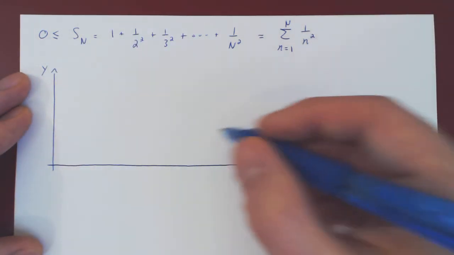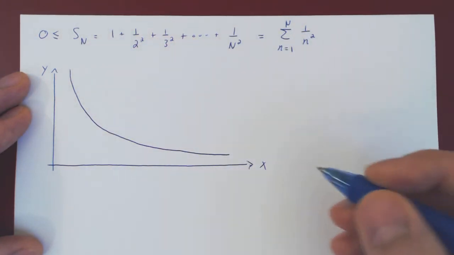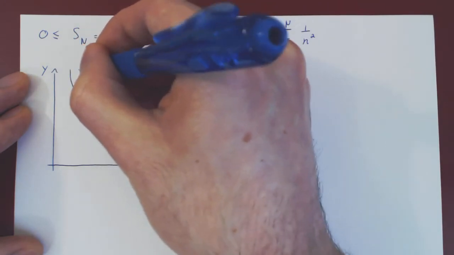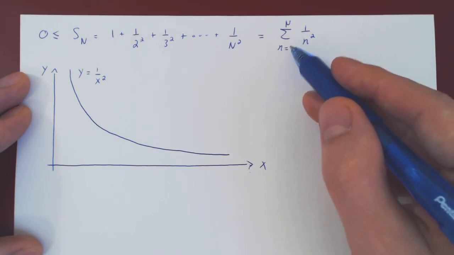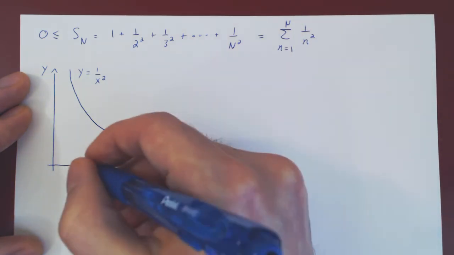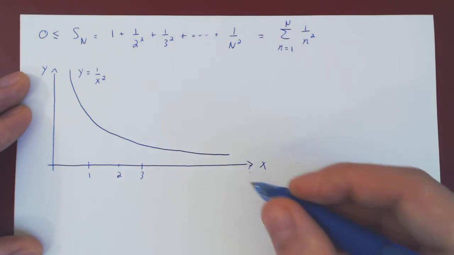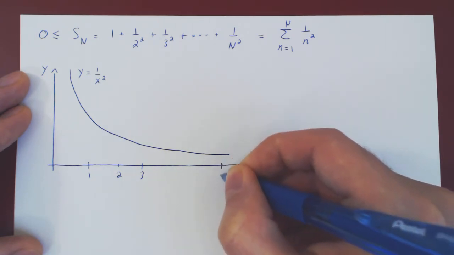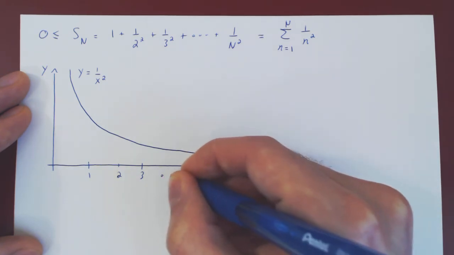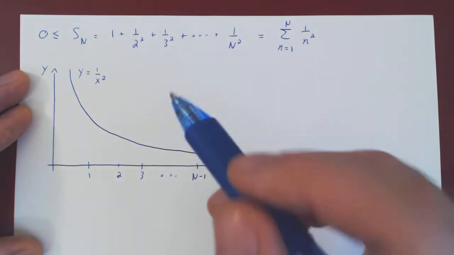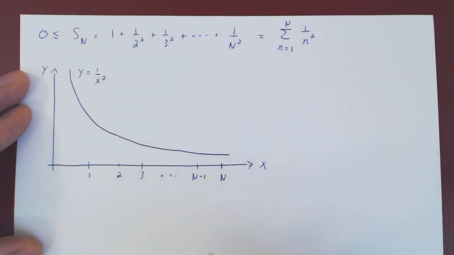Again, our function is 1 over x squared. It's a positive and decreasing function. And we're interested in the function on the interval from 1 to n. So let me construct rectangles where the area of each rectangle is a given term of our sum.